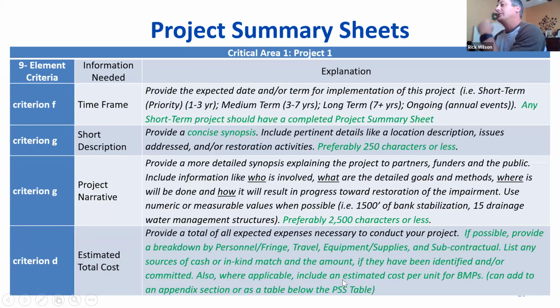Estimated cost, a lot of times we just see a number here. That suggests, especially if it's a really round number, that the project might not be fleshed out as much as we would hope. If possible, provide a breakdown by personnel, travel, etc. List any sources of cash or in-kind. Also, where applicable, include a cost per unit.